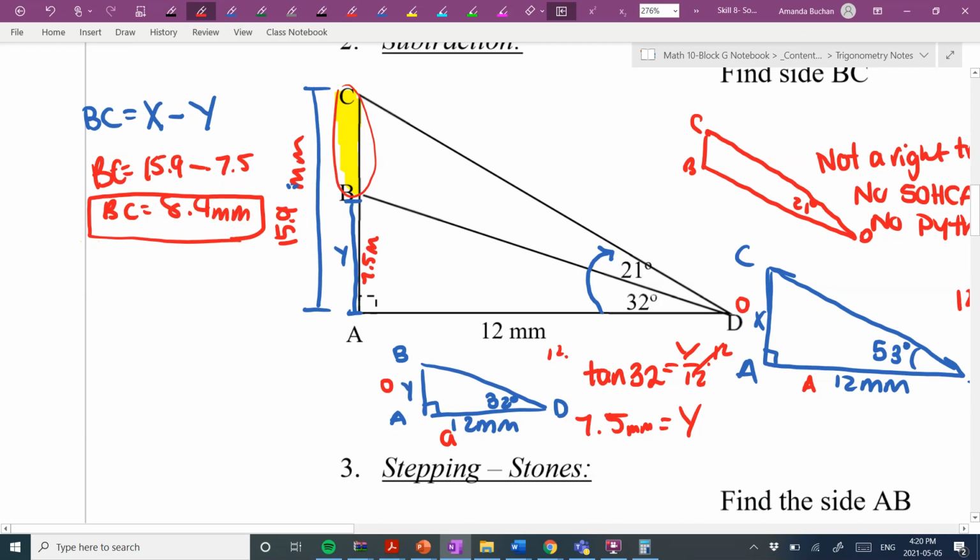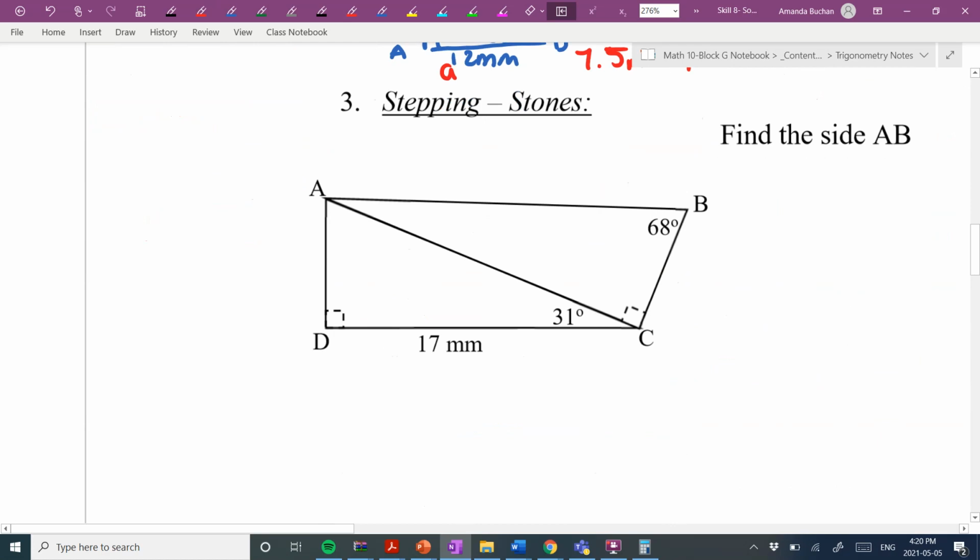Okay, so there's no new trigonometry happening here. It just might be a little bit different in how you're going to get to your final answer. You might have to take a couple of steps to get there. And that's what this last one really exemplifies.